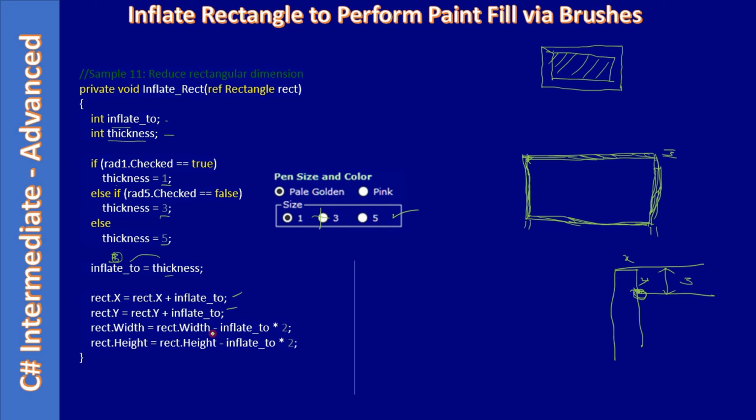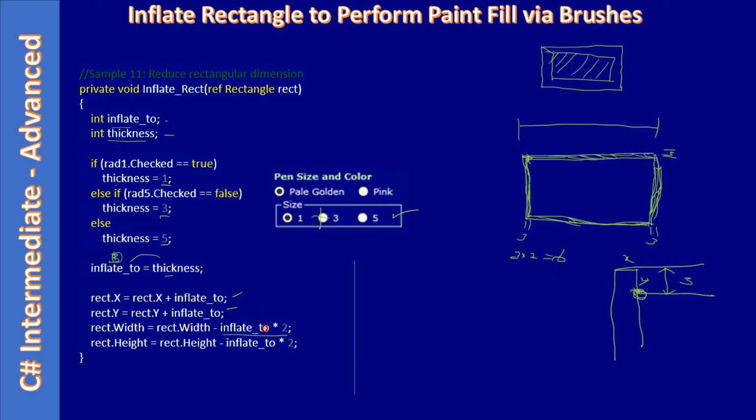So first width, this is the entire width. Then inflate 2. Inflate 2 will give 1, 3 or 5. Let's say in this example 3, and this thickness is 3 and there is thickness 3, totally 6. 3 plus 3, 6, or thickness into 2, 3 into 2 equal to 6. So that's what we are doing here.